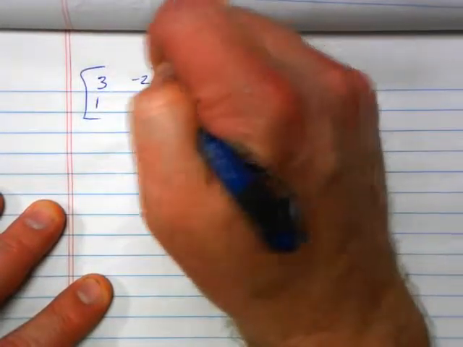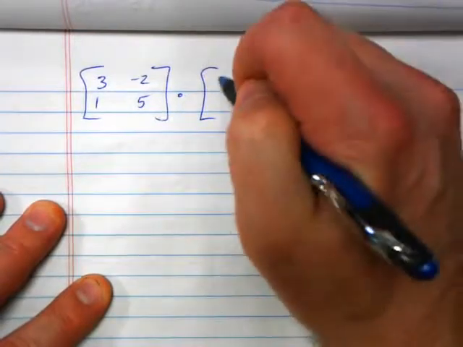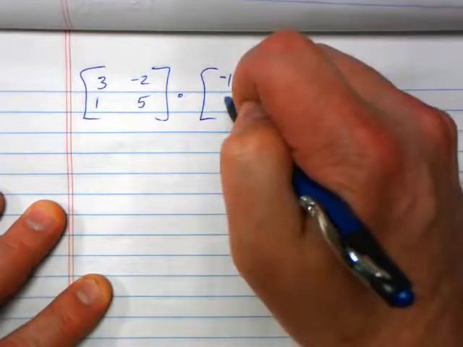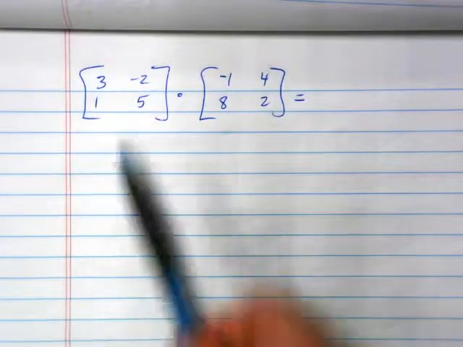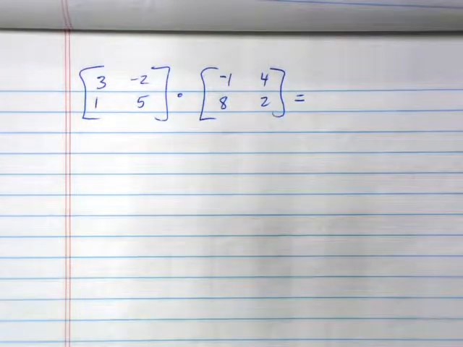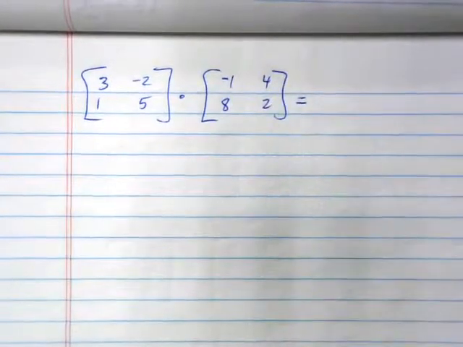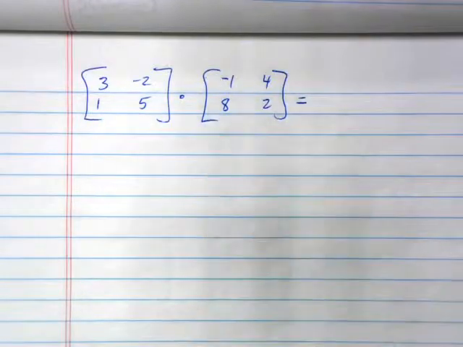I mean, if I had 3, -2, 1, 5, and I wanted to multiply by -1, 4, 8, 2, doesn't it seem to make a lot more sense to take 3 times -1, put that in the upper left corner, -2 times 4, put that in the upper right corner, so on and so forth? Isn't it like you almost have to do scalar multiples of every element in the other matrix?